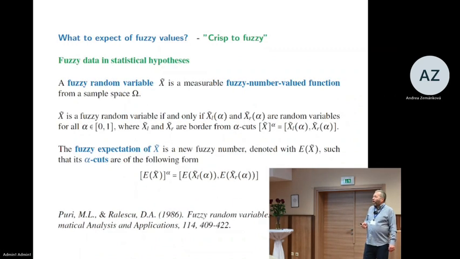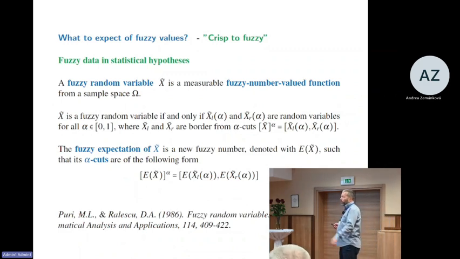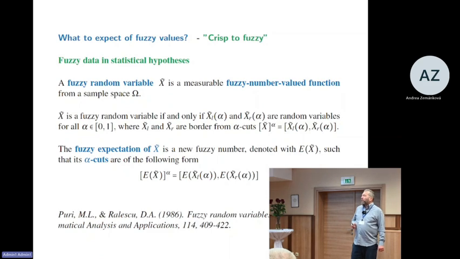Now, this is maybe a bit more interesting. So what is a fuzzy random variable? It is actually a fuzzy-number-valued function from a sample space omega. What does this mean? This means that X is a fuzzy random variable if its alpha cuts, or border alpha cuts, are also regular random variables.